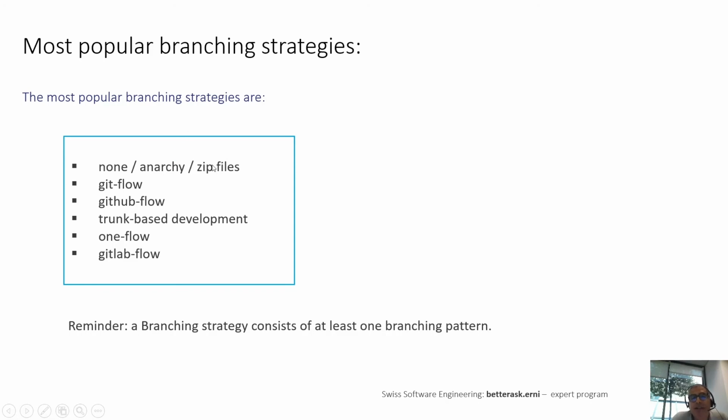The first ones are actually anti-strategies. I think many people have heard about Git flow. We will also talk about GitHub flow, trunk-based development, One Flow, and GitLab flow, but these last two only very quickly. We will not go into detail.